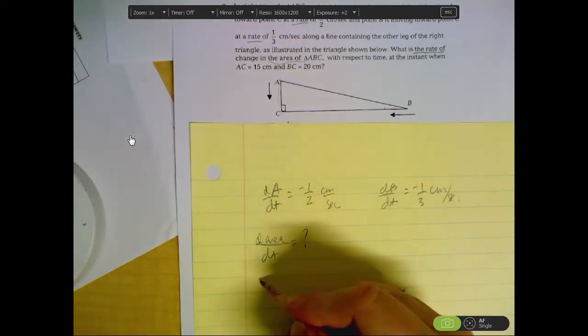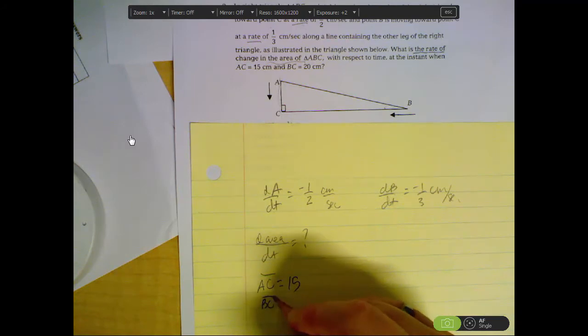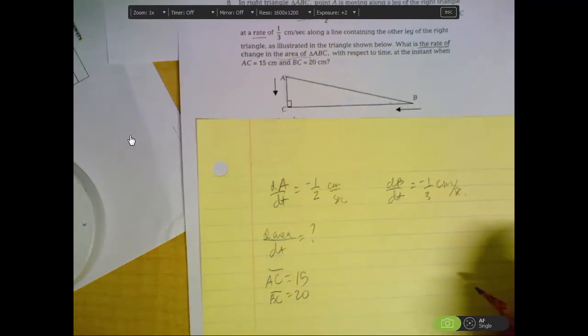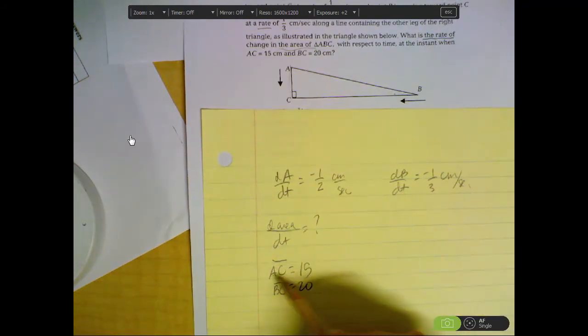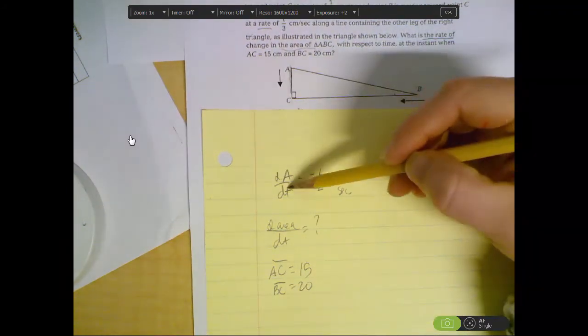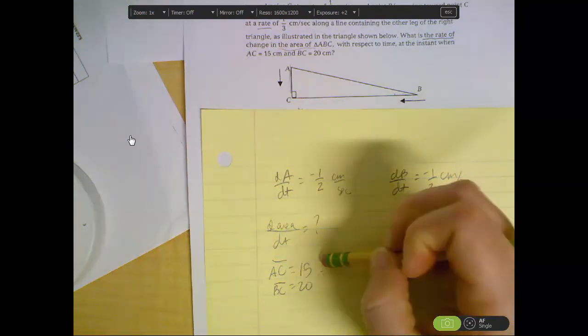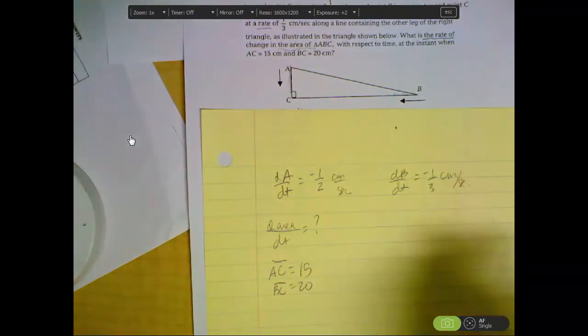At the instant when AC is 15 and BC is 20. Now AC is this distance, and this rate we call dA/dt. Okay, area of a triangle.